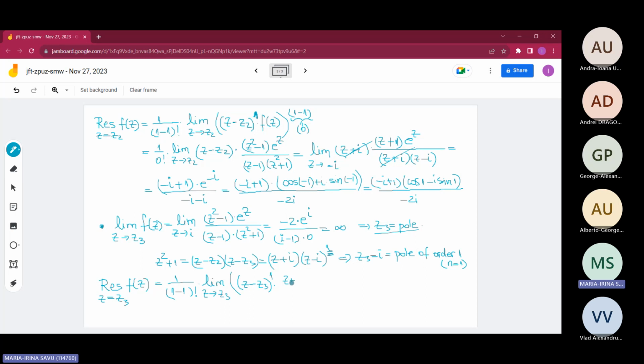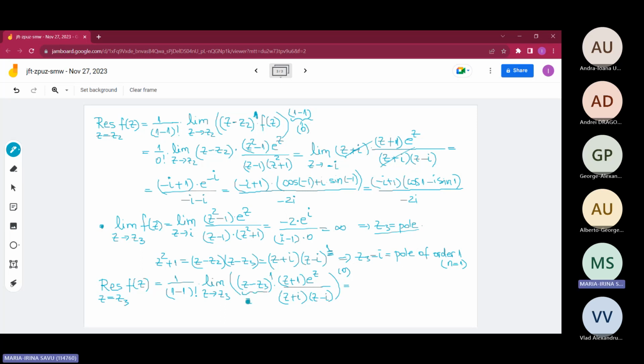I have z plus 1 times e at z over z plus I times z minus I. Again, the order of the derivative is zero, so we don't need the derivative, and this 1 times is right.